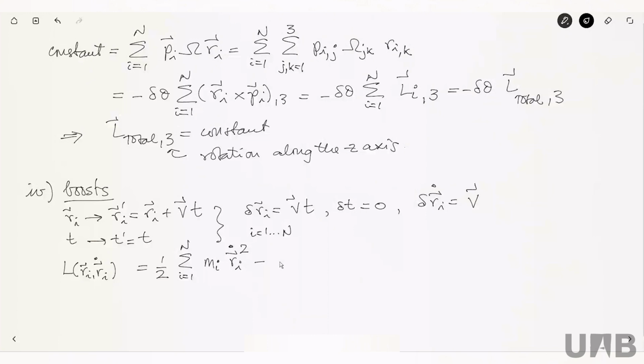And I'm going to assume that the system is isolated, right? So the system is a bunch of capital N particles, and they interact with each other, but they are not in a constant field of any kind. So they just interact with each other. It's like a group of particles in the middle of space in the universe, interacting with each other, but completely isolated from the rest.